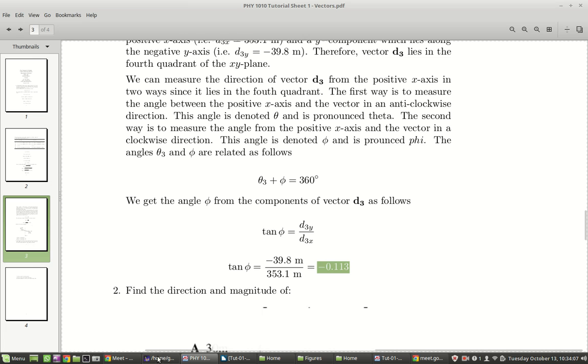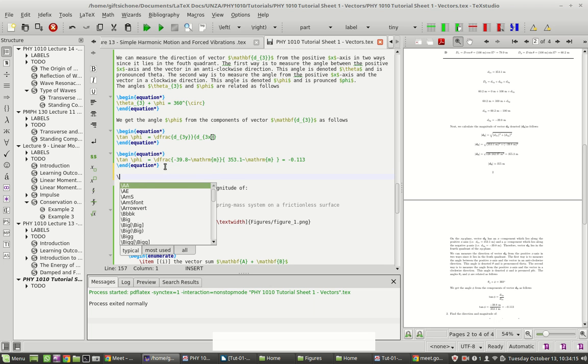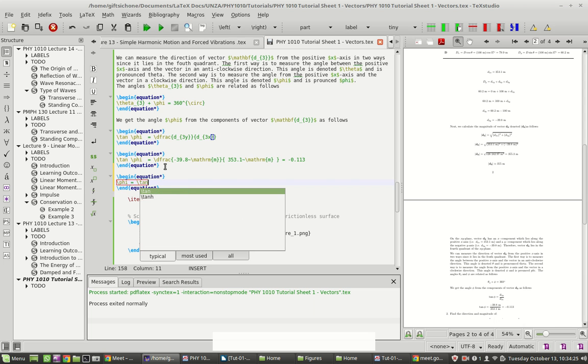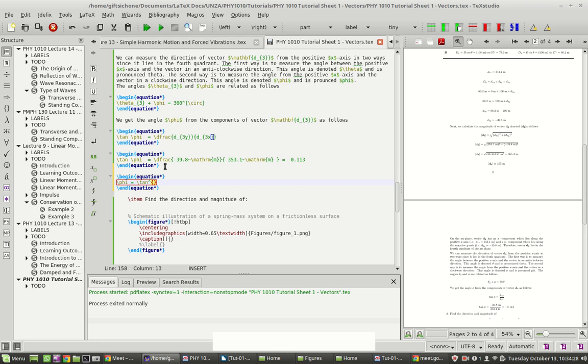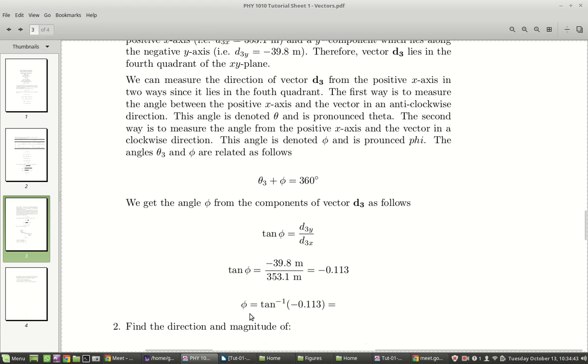So we can work out what the angle is by taking the inverse tan of that. Let me type the equation: phi is equal to tan inverse of this.